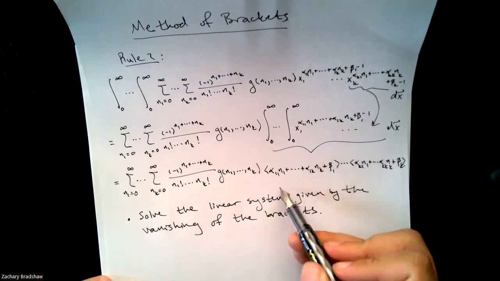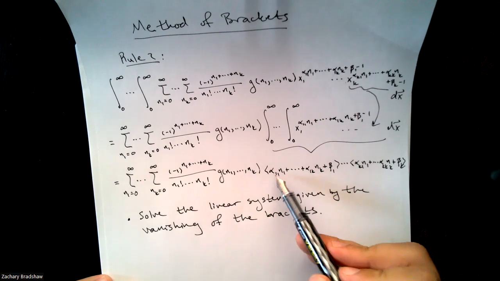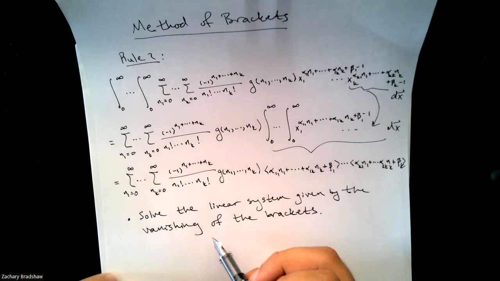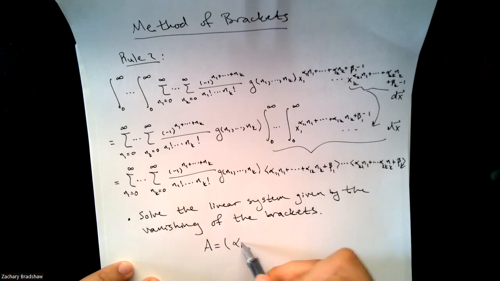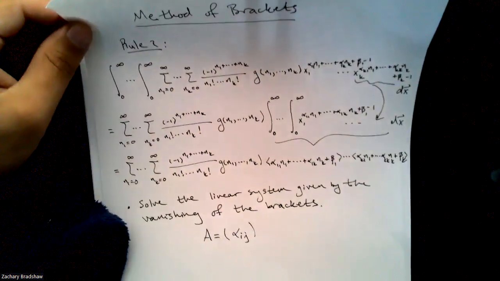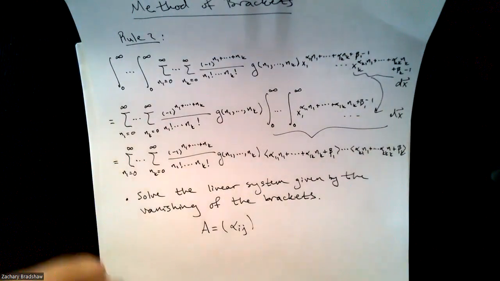So notice I've written these alpha in a very particular way. They're labeled by two indices i and j, and that tells us that maybe we can construct a matrix given by these coefficients that might be somehow useful. And indeed, we can.